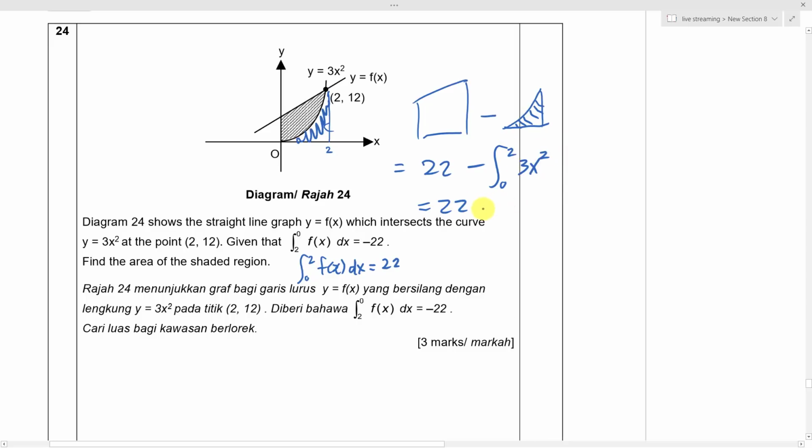I take out my 3 and only integrate x squared. I get x cubed over 3, from 2 to 0. Then this is 22 minus, simplify, x cubed, then minus 8. The answer should be 16.